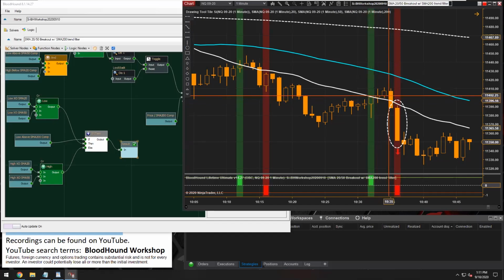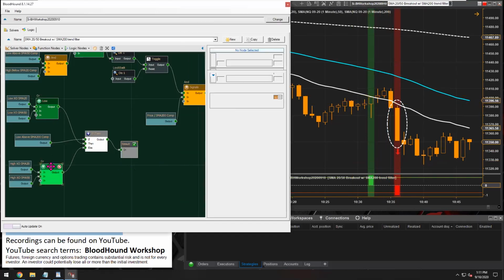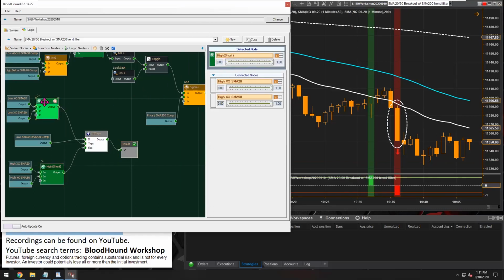I'm sorry, of the high price. Let's add a little extra name to these OR nodes here. We want to use the low price when we're looking for longs, and we want to use the high price when we're looking for shorts.